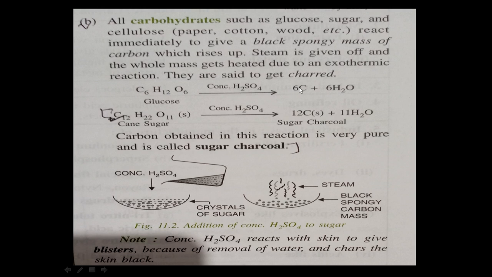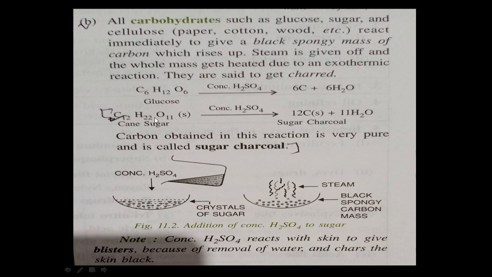That means it completely burns glucose. White or colorless glucose converts to black carbon because water is removed, since sulfuric acid is a strong dehydrating agent. Water is removed from this compound and you see carbon only. A black residue is left.